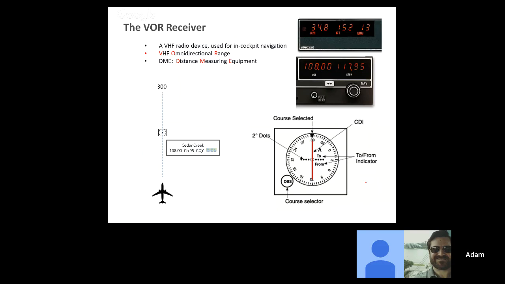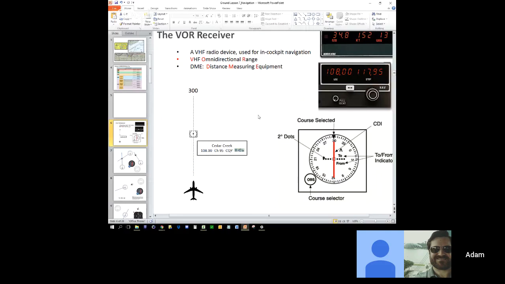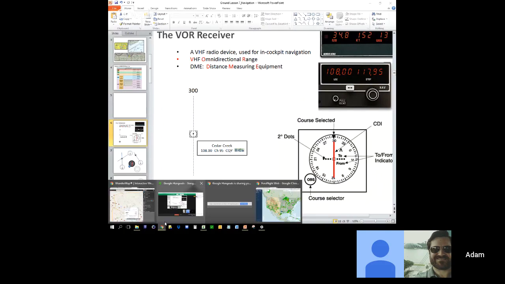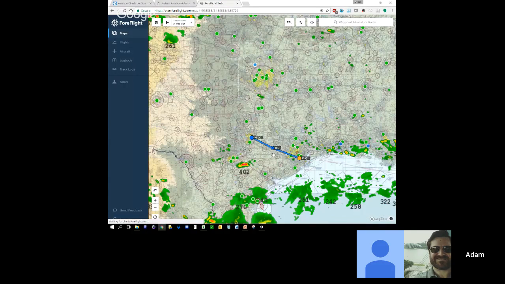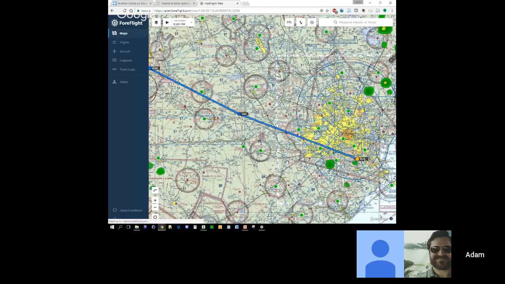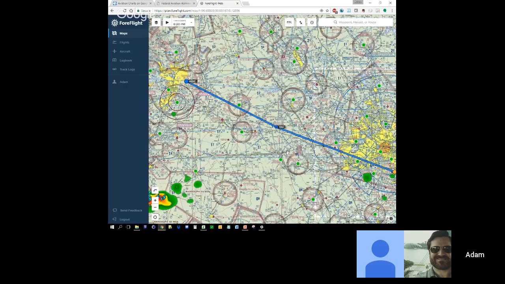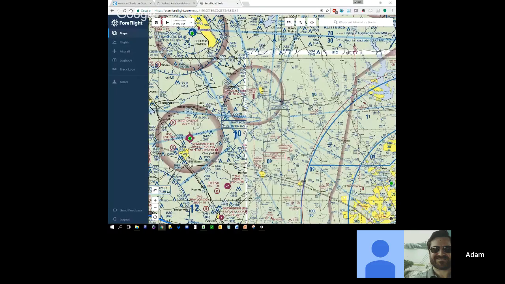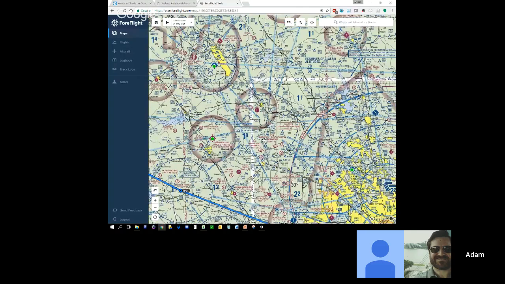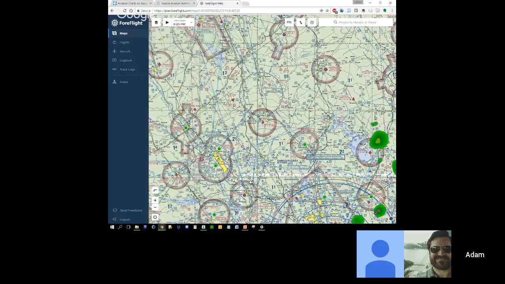Now, before I talk about exactly how they work in the cockpit, I'm just going to point out real quick what they look like on the map. Back to ForeFlight here. The VOR stations are denoted by blue circular compass roses on the map. For instance, we've got one here, Navasota, and several of them all over the place.